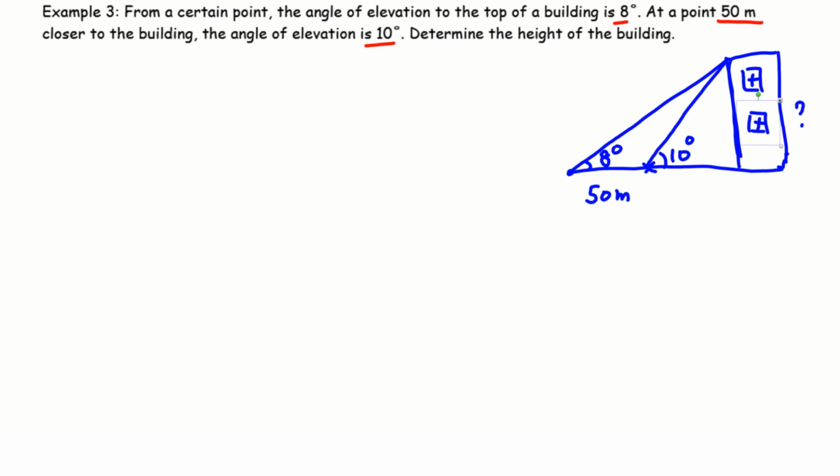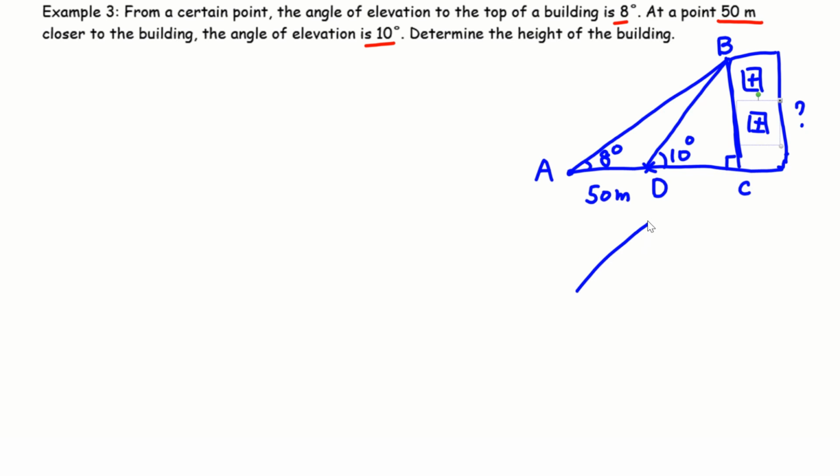So we are going to label the triangle A, B, capital letters for angles. Then the point 50 meters closer is D. So in this diagram, we have 3 triangles.